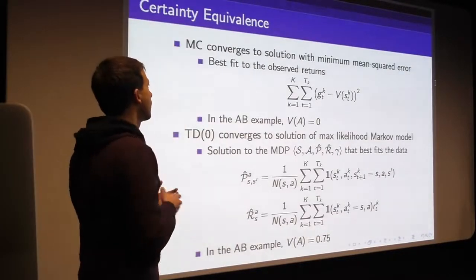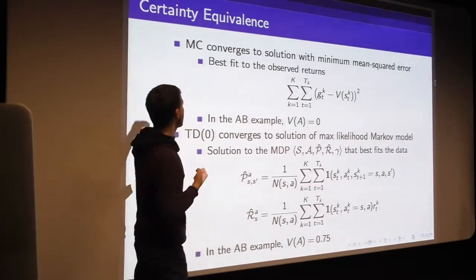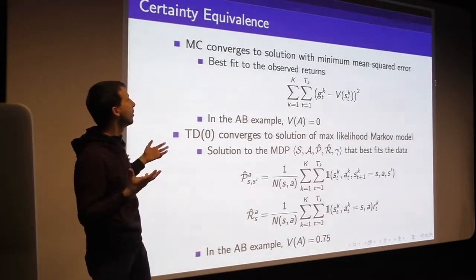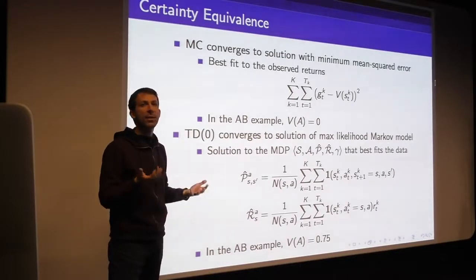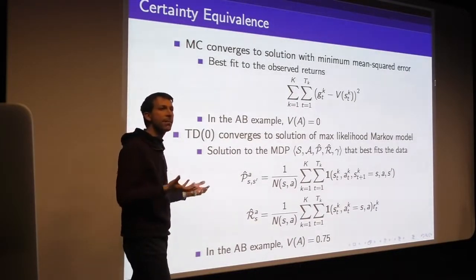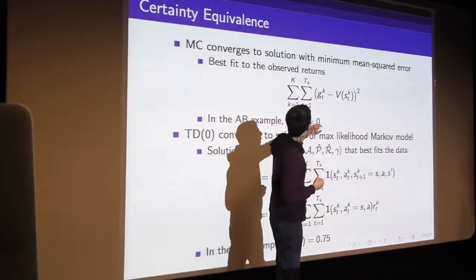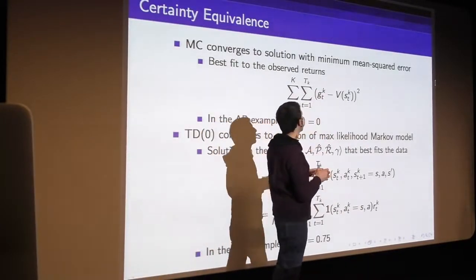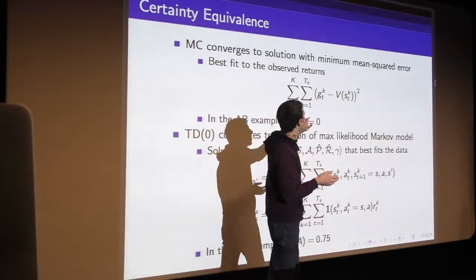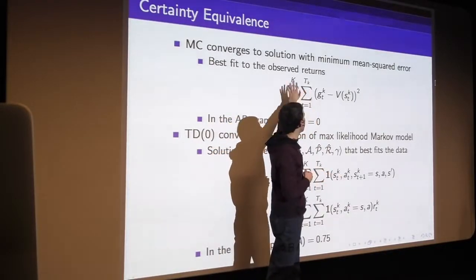So now we understand that, we can see what these converge to. Monte Carlo always converges to the solution that minimizes the mean squared error. So it finds the best fit to the actual returns that we've seen. If we saw these particular returns, Monte Carlo just minimizes the mean squared error over all time steps, all episodes.